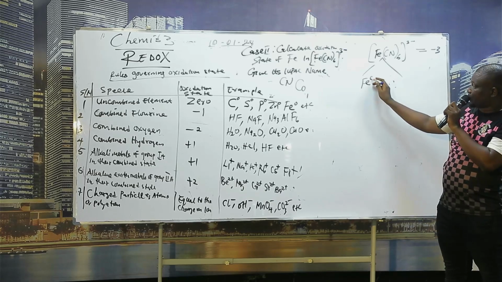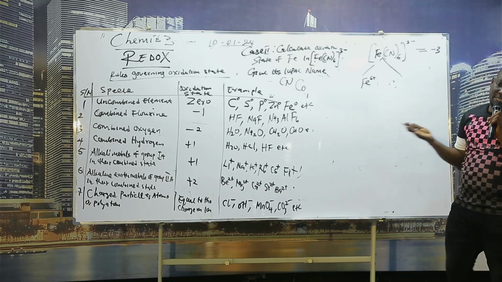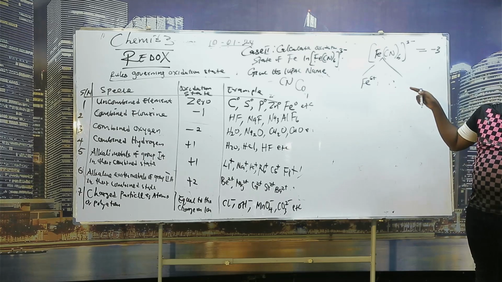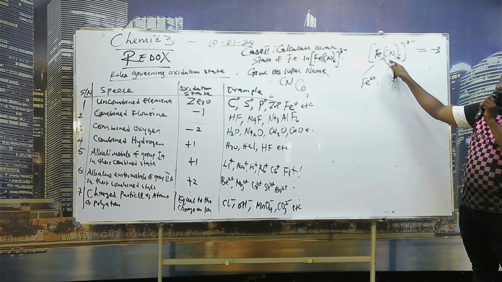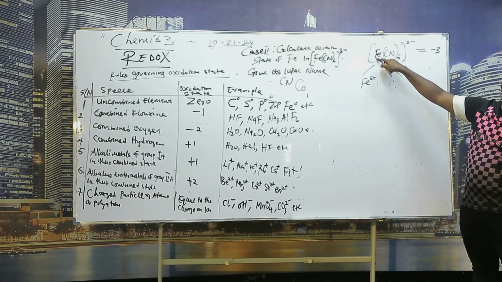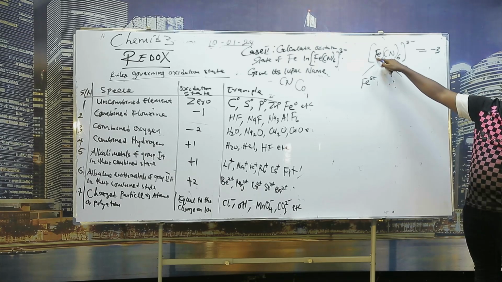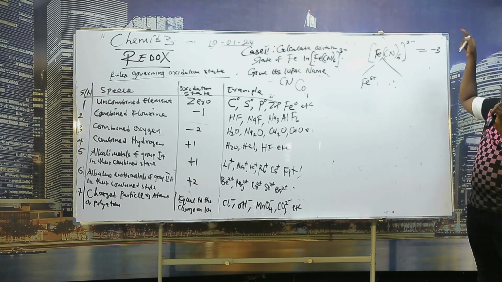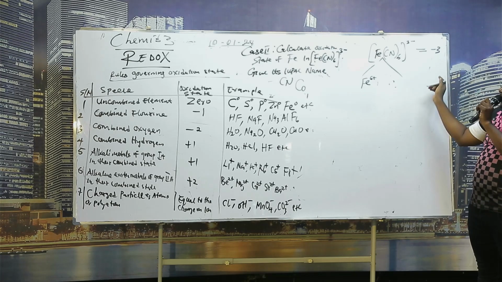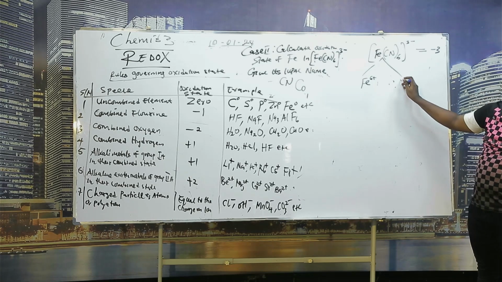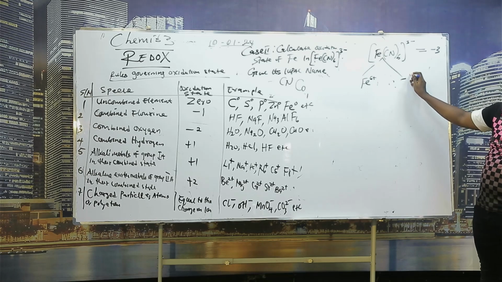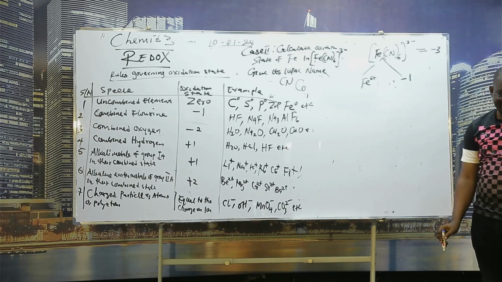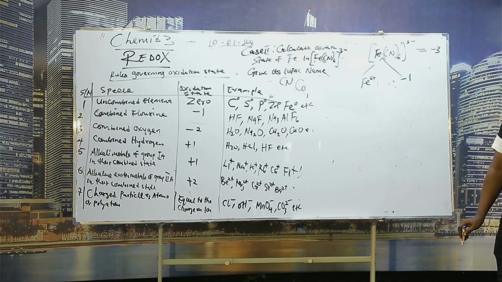Okay, plus 6, just check something. How many atoms of iron are in this compound? How many moles of iron are you seeing here? Okay, 1. Who is the owner of the 6? It is cyanide. So the oxidation state of cyanide is -1. Do you understand?